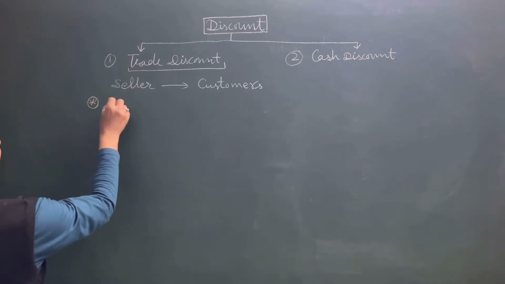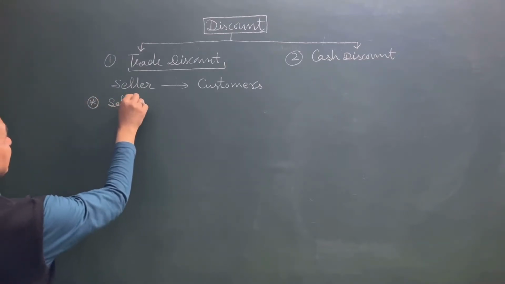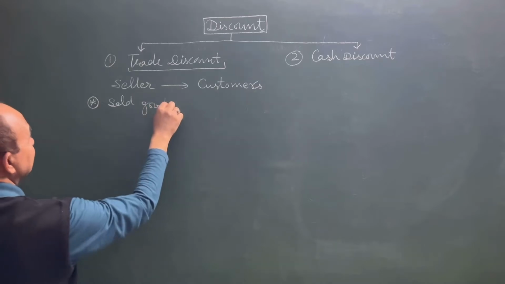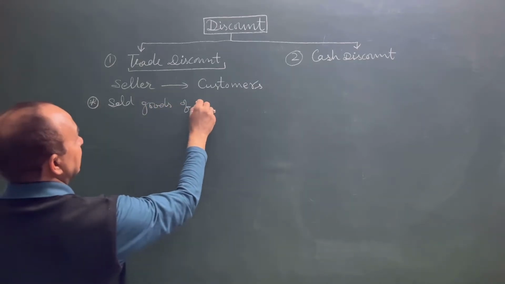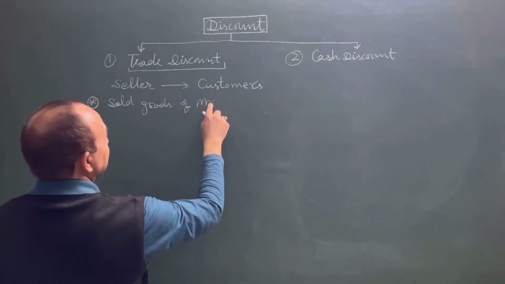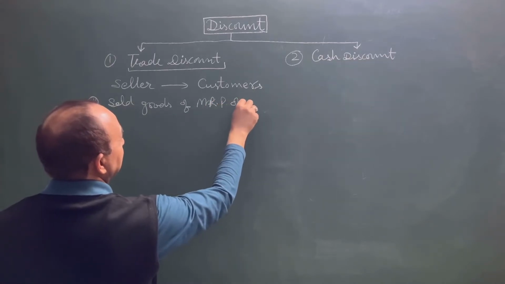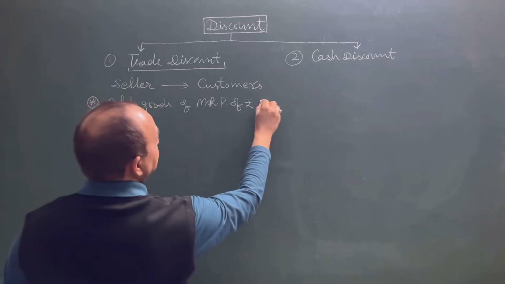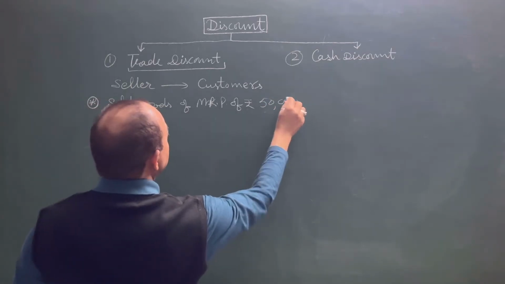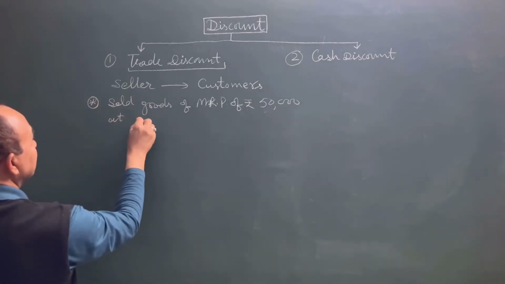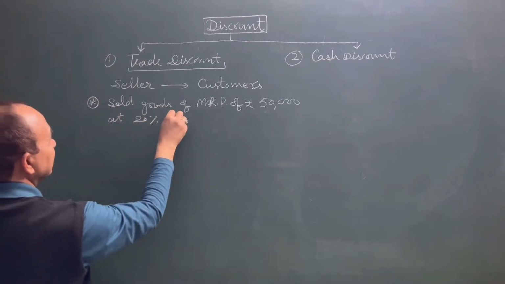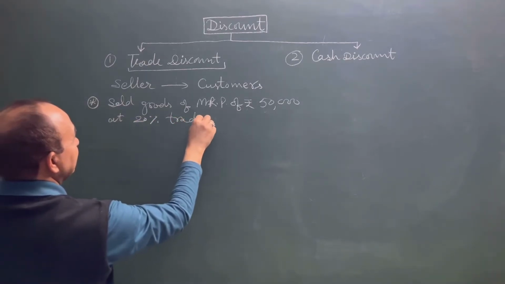Example: sold goods of MRP of rupees 50,000 at 20% trade discount.